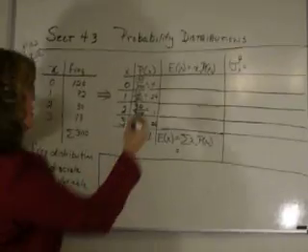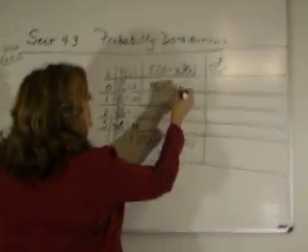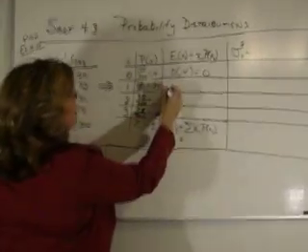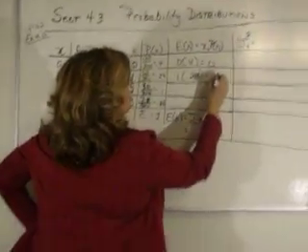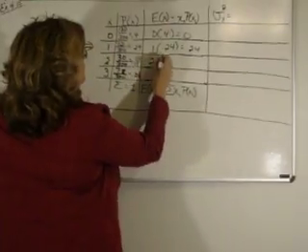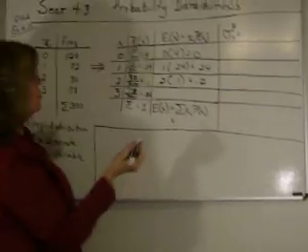Well, if we do that here, 0 times 0.4 is 0. 1 times 0.24 is equal to 0.24. 2 times 0.1 is equal to 0.2.